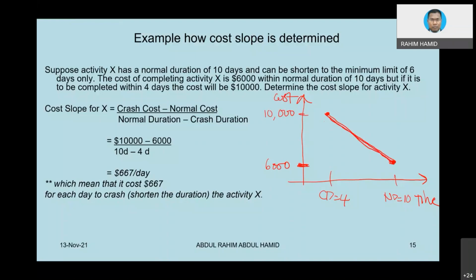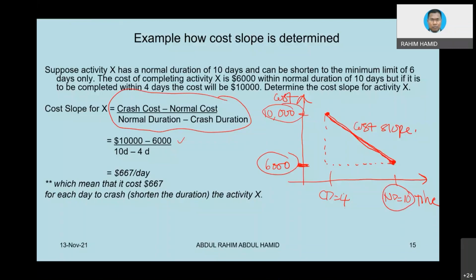And if we take the triangle here, the cost slope for activity X can be defined by this relationship. You take the difference between this cost, 10,000 minus 6,000, divided by this value minus this value, 10 minus 4.